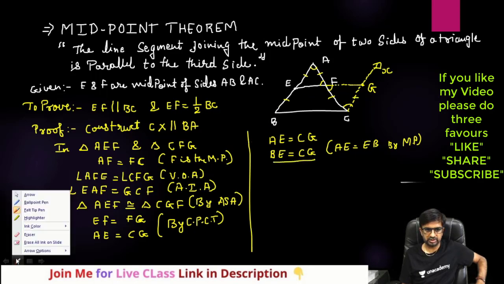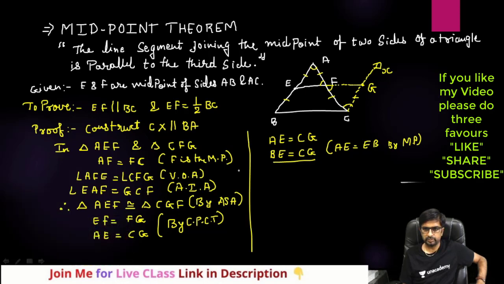Let me use another color now so that it will help you. Blue, let me take blue. Now you can see here these two are equal and these two are parallel also. How are these two equal and parallel? Parallel by construction and equal by this.